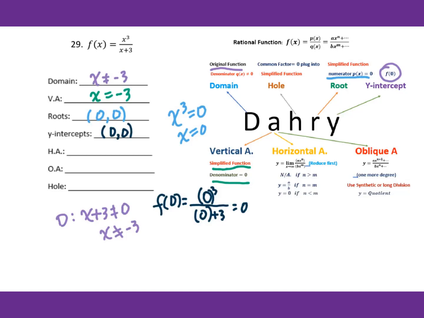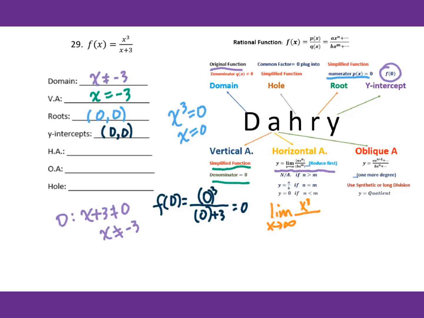For horizontal asymptote line, you need to work on the limits. Or you could say that n is greater than m, so no horizontal asymptote line. But we can work this out using the limits. Leading term for numerator is x to the third power.